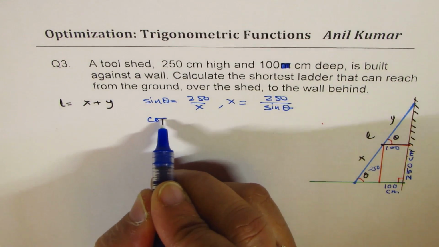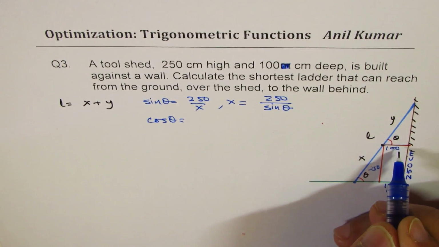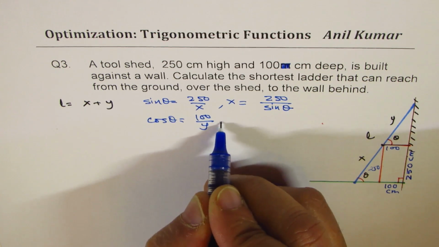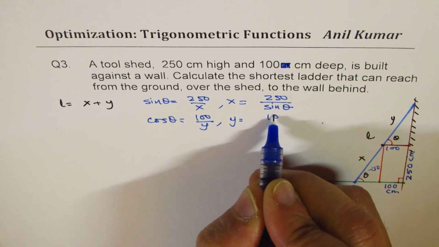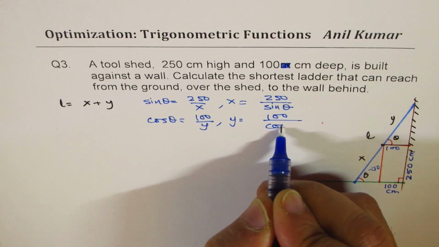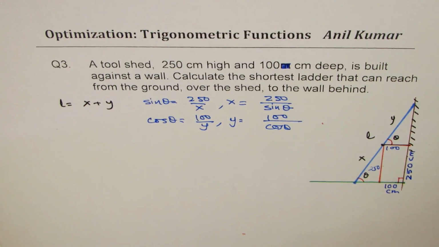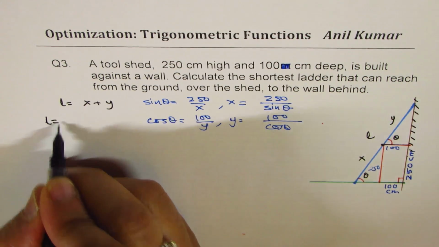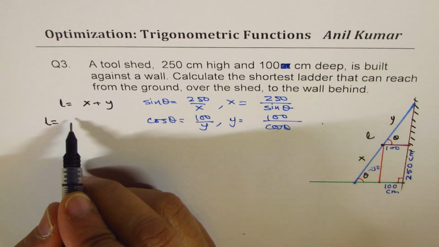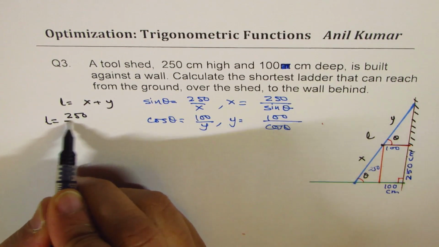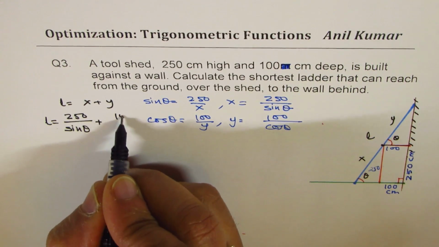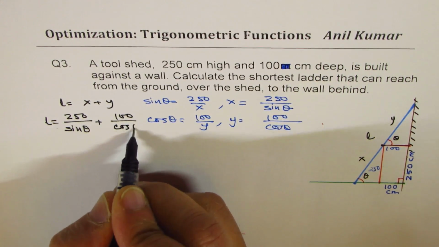So we can write cos theta, the adjacent side, over y, the hypotenuse. That gives you y as 100 over cos theta, correct? Okay. So we could write length L as a combination of these two: 250 over sine theta plus 100 over cosine theta.